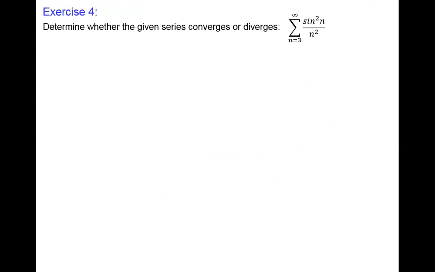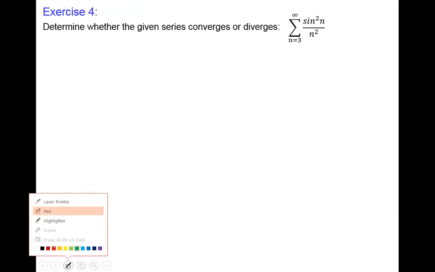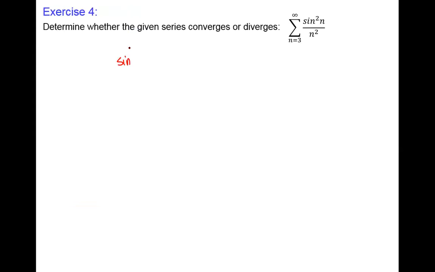Determine whether this infinite series is convergent or divergent: sine squared of n over n squared. And what do you think? Is it convergent or divergent? The same thing. I have to keep my denominator. I have no option. I can't change it, because if I change it, it will not be easy to compare.